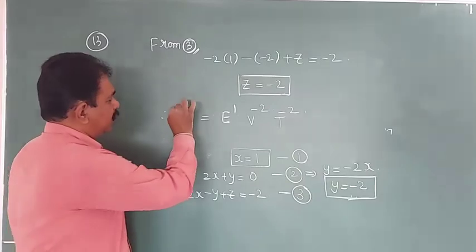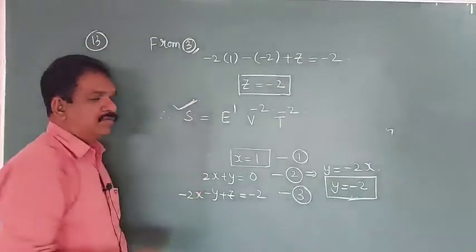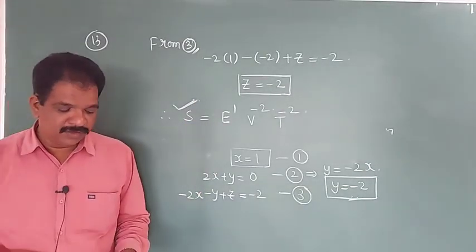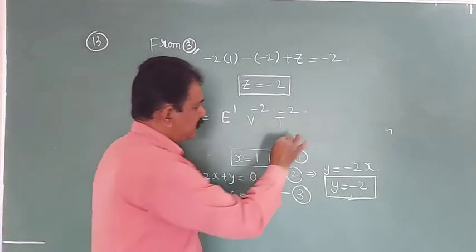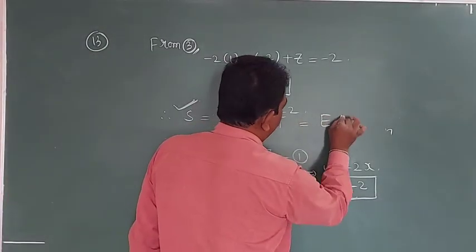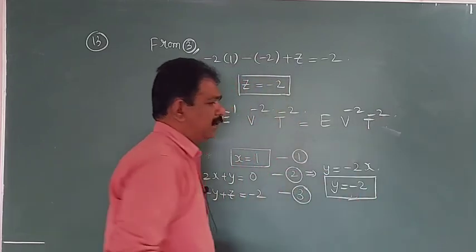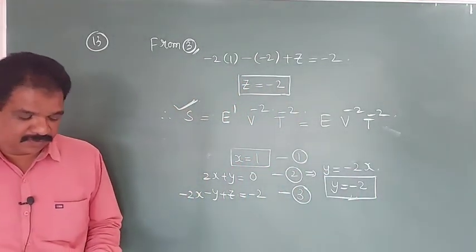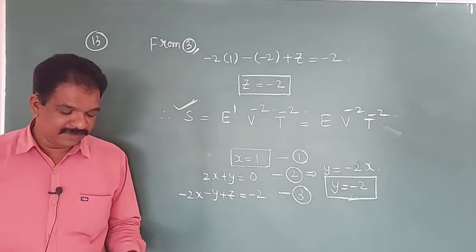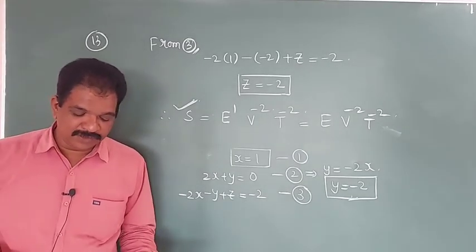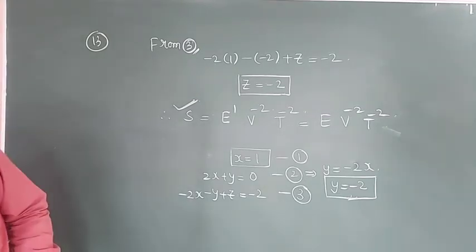This will be the answer. S is equal to E power 1, means this is E, v power minus 2, t power minus 2. This is the answer. Okay. Next, 14th also same model. Try to do.